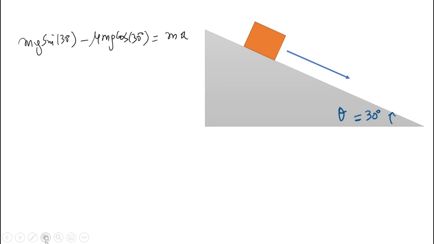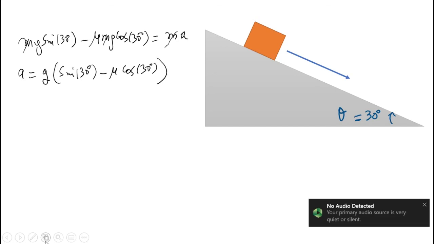The acceleration in this case, if I take this mass out because it's in common, the acceleration will be g factor of sine of 30 degrees minus mu cosine of 30 degrees.